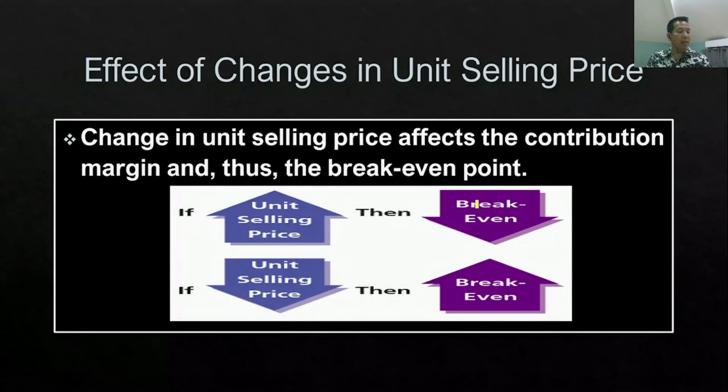So, ang sabi dito sa changes in the unit selling price is changes in the unit selling price affect the unit contribution margin and thus the break-even point. Specifically, changes in the unit selling price affect the break-even point.